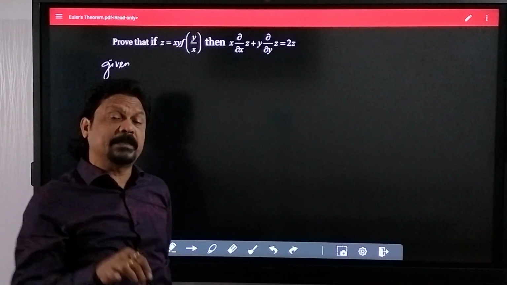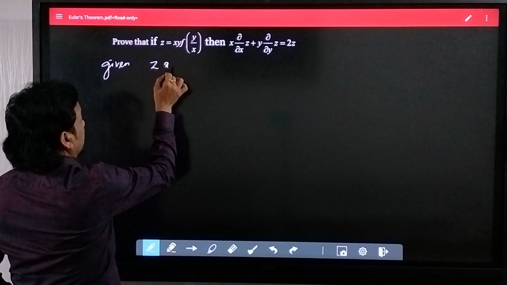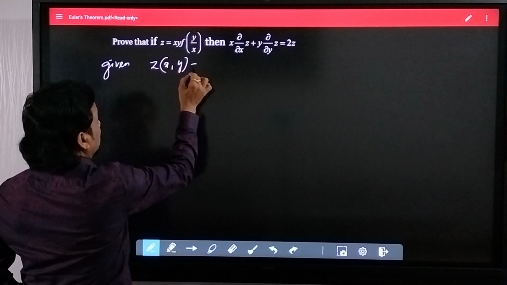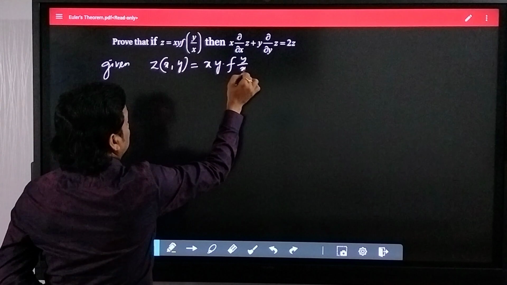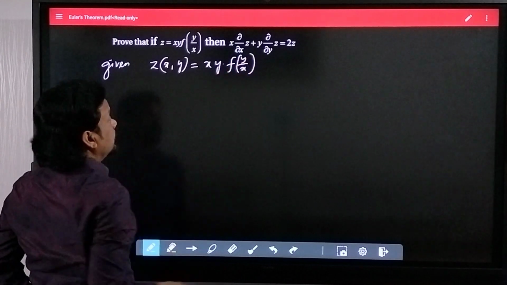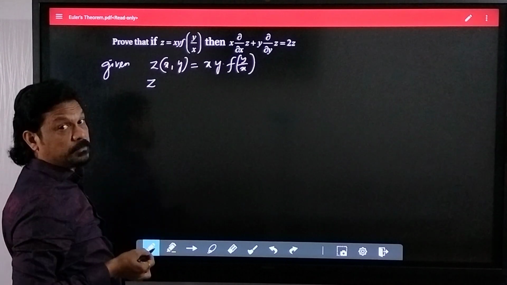That means z is itself a function of x and y. So we can write z of xy because z is a function of x and y. X into y into f of y by x. In a very interesting way, I am going to tell you. Okay. So I am going to test whether z is a homogeneous function or not.